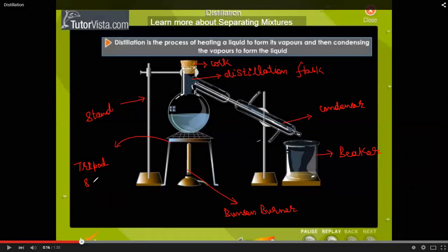You can just draw a rough freehand diagram and then just label everything whatever is over here.